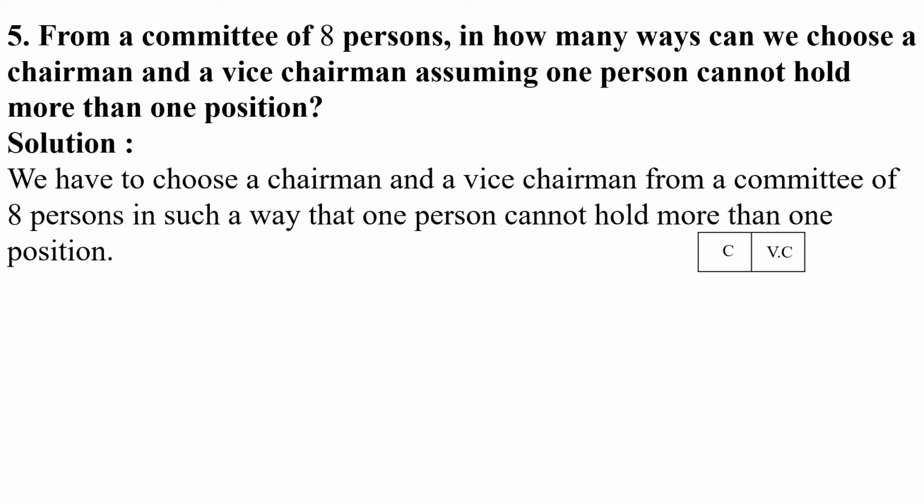In how many ways can we fill these two empty boxes by 8 persons? Here the number of persons in our hand is 8. In how many ways can we do that operation? Yes, 8P2. Understood this point, my children?